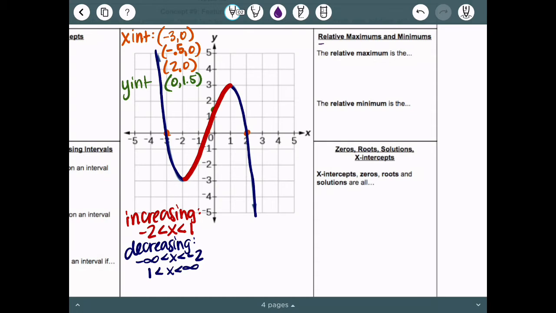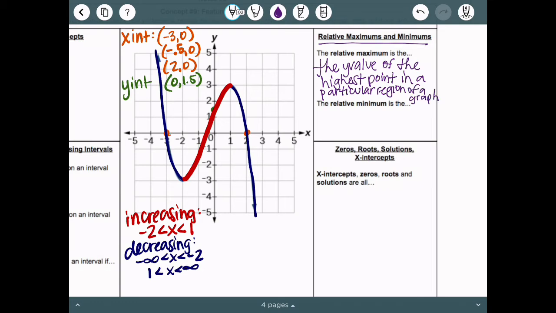And then we're going to talk about relative maximum and minimums. So the relative maximum is the y value of the highest point in a particular region of a graph.